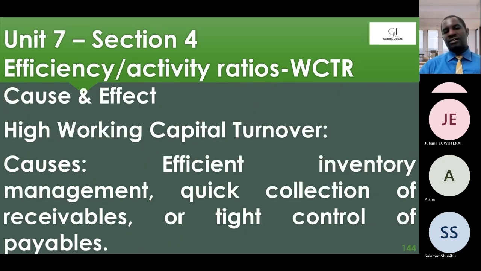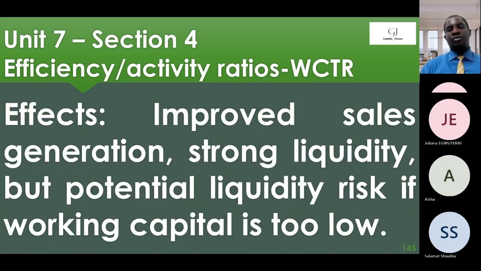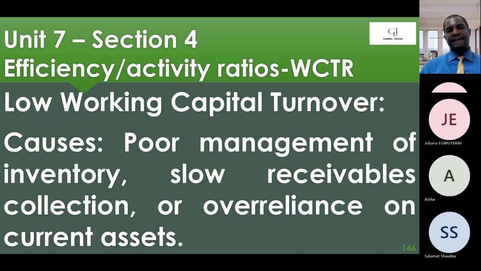So what is the cause and effect? The causes are efficient inventory management, quick collection of receivables, and tight control of payables. So those three circles are working efficiently if we have this ratio very well. While the effects show improved sales generation, strong liquidity, but potential liquidity risk if working capital is too low. That's what it means.